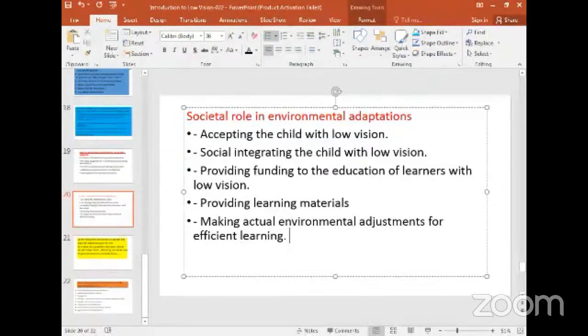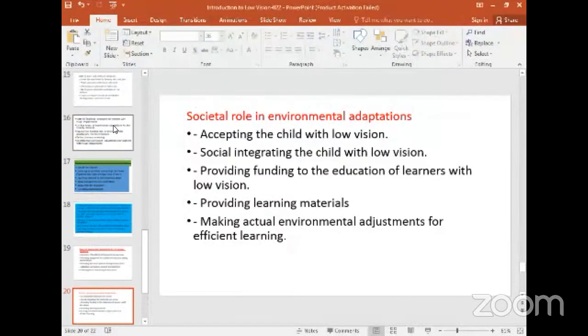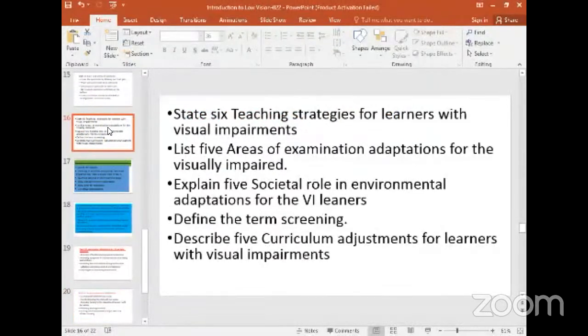And so one is accepting the child with low vision. For the environmental adaptation to be achieved, we must first of all have accepted that the child has a disability. And so how are we going to help this child? Now, Mr. Pascal, yes, we have left that question as it is. Which one? This one of curriculum adaptation. We have not left it.